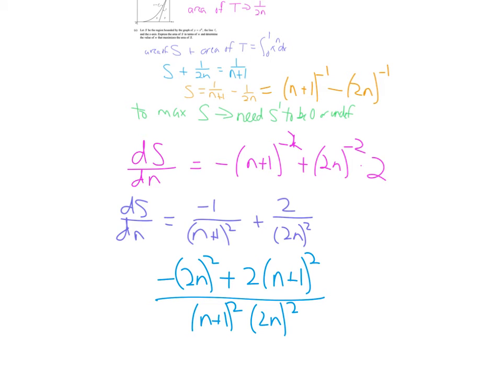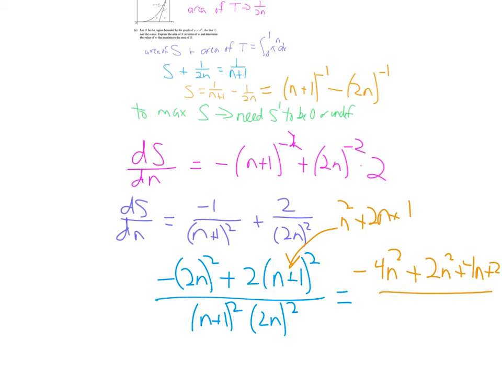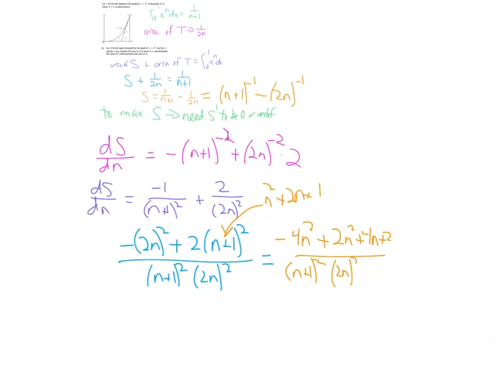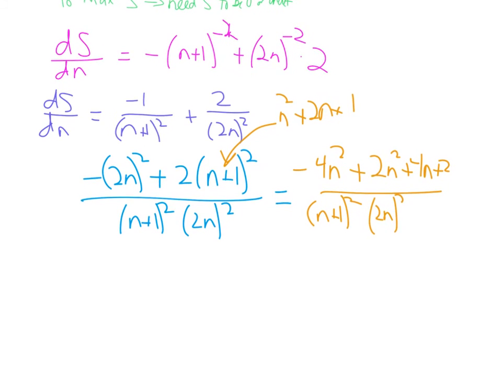And if I look at the top of that, that's going to be negative 4n squared plus, if I multiply this out, n squared plus 2n plus 1. Double that, that's going to be 2n squared plus 4n plus 2, all over n plus 1 squared 2n squared. Now, what did they tell me about n? N is greater than 1. So since n is greater than 1, I can just completely ignore the denominator.